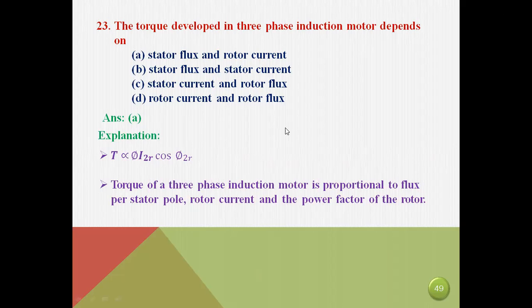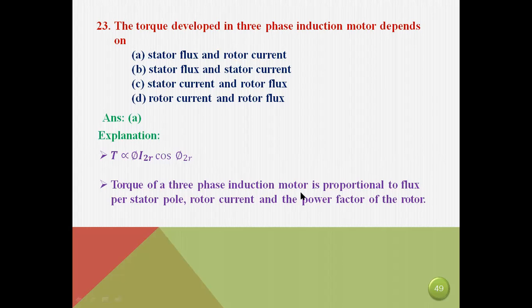You can see here the difference between stator and rotor current. We are supposed to understand this, because we have seen the torque equation: torque is directly proportional to S K E2 square upon R2 square plus X2 square. But here they have given the flux, so that will depend on the stator flux, but it depends on the rotor current, because it depends on E2 square.